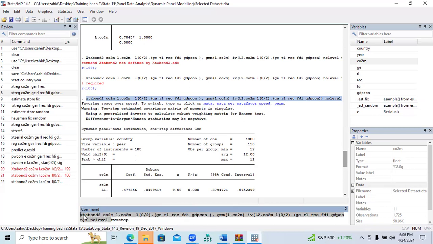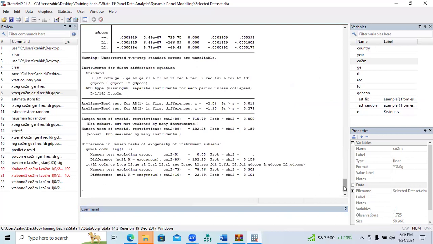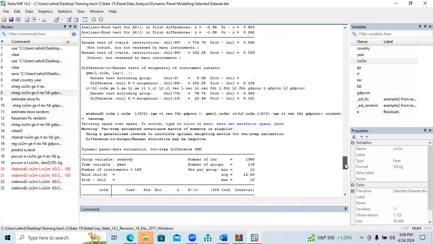You don't need to change anything else. You just need to replace the robust word with two-step and press enter, and it will run the two-step difference GMM. The previous one was the one step, now it is two step.